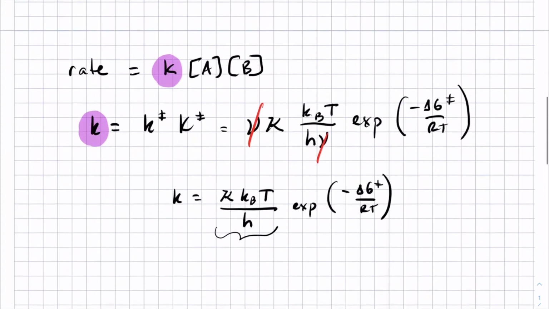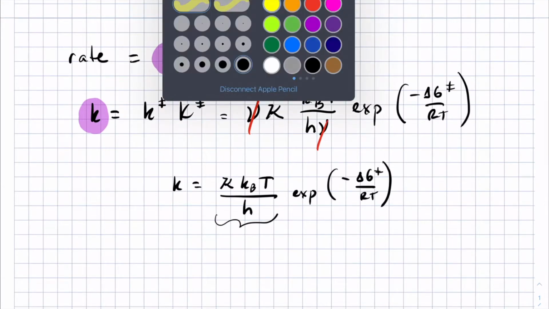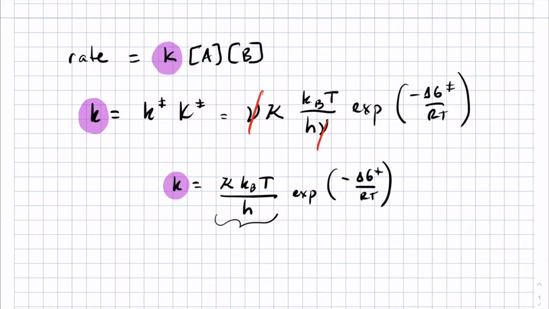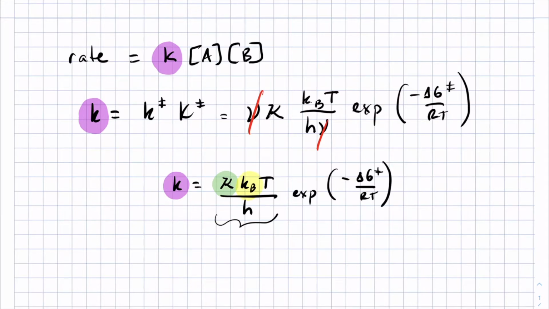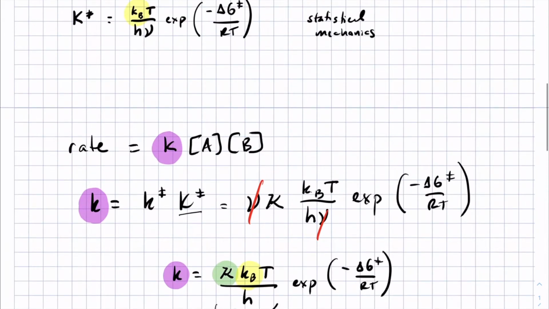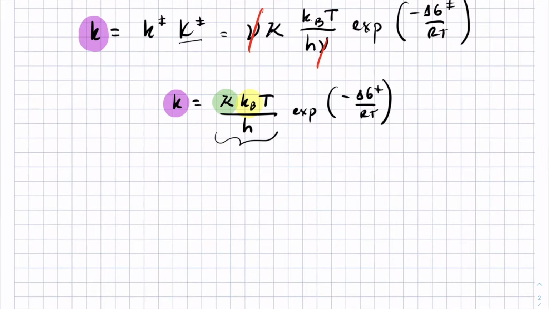By the time we get to the end of things: k, rate constant; kappa, transmission coefficient for how many times the vibration puts you over the edge; and Boltzmann's constant, and that's it, because we substituted out the expression for big K. All right. Other questions?